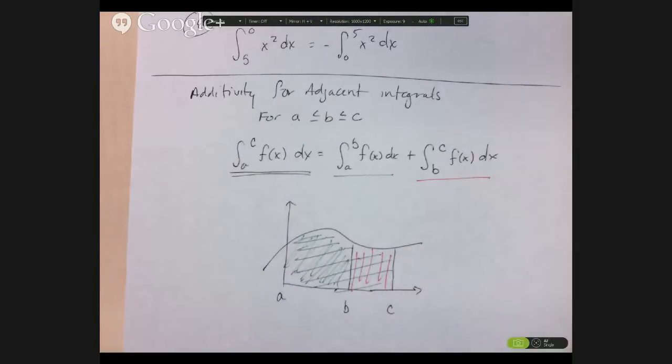Is B the point of inflection? No, that's a derivative term. We don't use it with integrals. B is just a partition. It's just a different partition. So we'll run into some situations where you need to use that, and I'll tell you when. But do you have any questions?